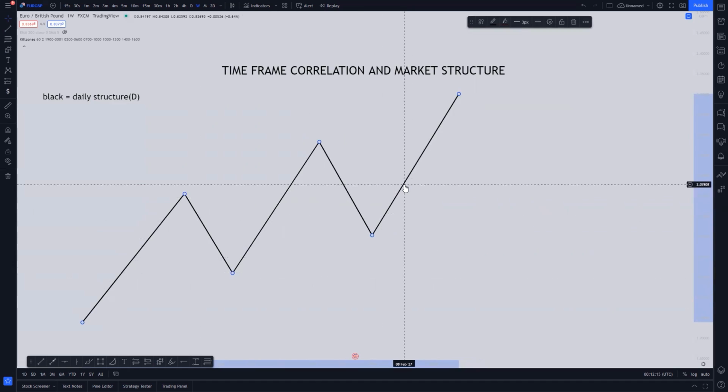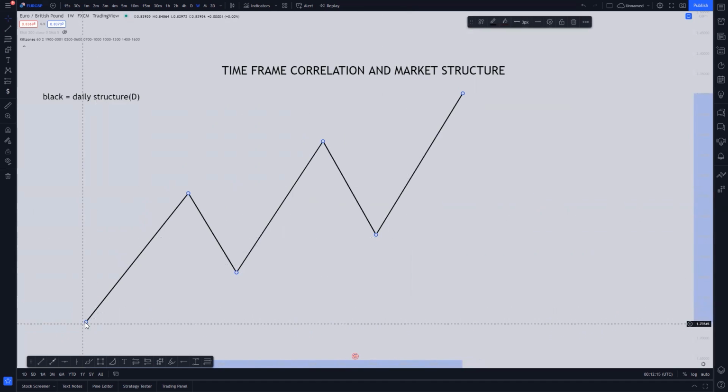This is the first impulsive leg. This is the retracement of this impulsive leg. This is the next impulsive leg. This is the retracement of this impulsive leg. This is the next impulsive leg, and so on and so forth. So as long as we maintain this on the daily, we'll say the daily is bullish.